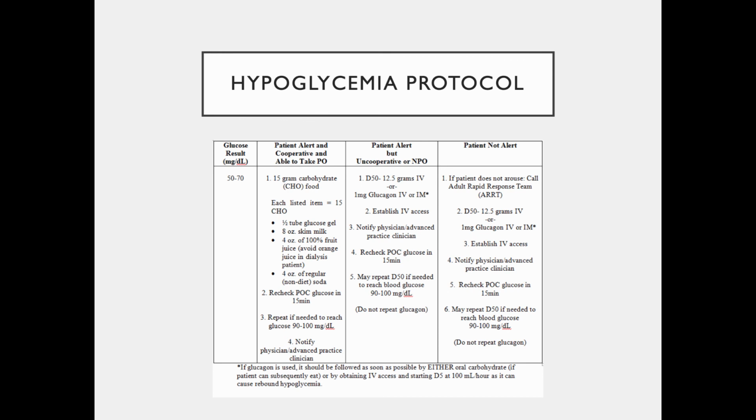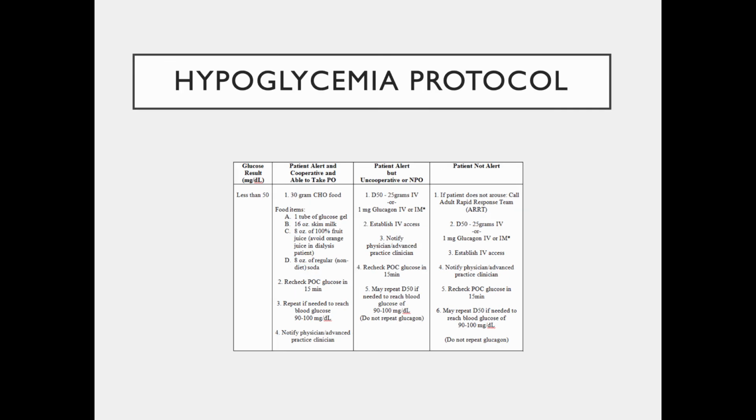So when you give that amp of D50, that's 200 calories that you're giving right into the vein. And you're going to have that sequela to deal with for the rest of the day, perhaps. So we don't want to necessarily go and give a huge dose of sugar.